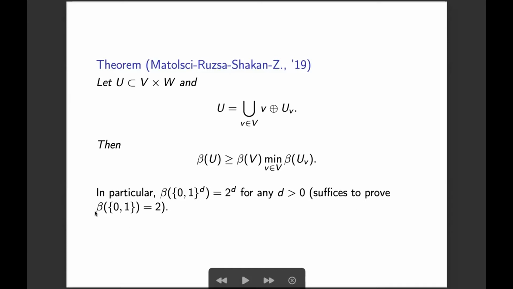it suffices to prove that beta for a two-point set equals 2, and then recursively apply the theorem, increasing the dimension one at a time. Then you get that the number of times that you apply this equals the dimension, and that beta is the same as the size of the set.